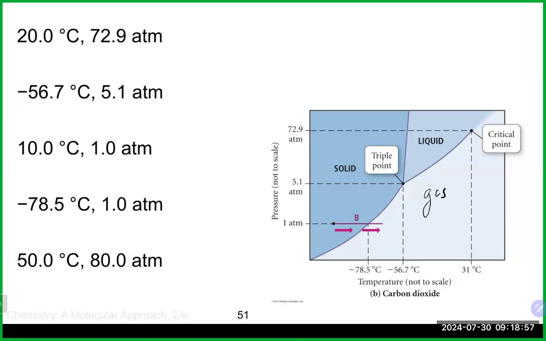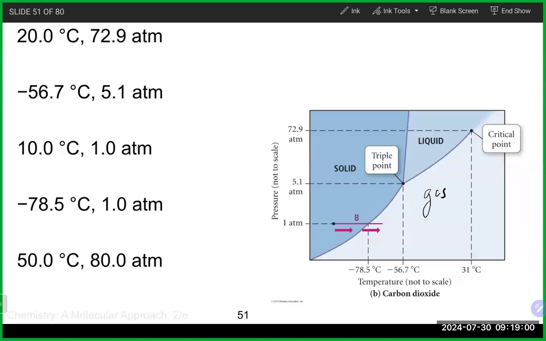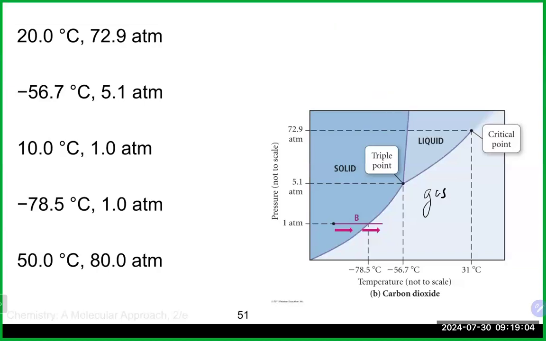So we're going to use this phase diagram here and really just figure out where we're going to end up. So we have 20 degrees Celsius and 72.9. So obviously 72.9 atmospheres is this dotted line up on top. And 20 degrees would put us, I don't know, that's 31. So I guess we would be somewhere in that area, I would imagine.